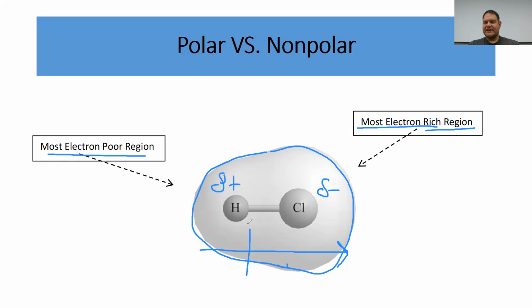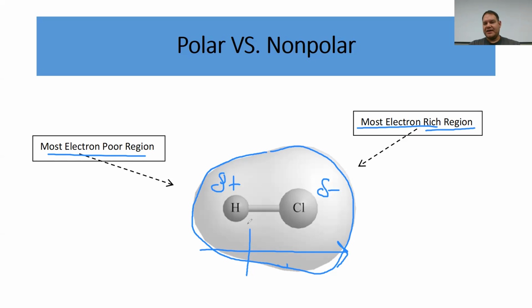That results in a dipole, and therefore a polar covalent bond. Anytime we have a dipole, we will either have an ionic bond, which is an extreme dipole, or a polar covalent bond, which is a partial dipole, with partial negative and partial positive. Those are the only two real results that can occur with creating a dipole: either ionic bonding or polar covalent bonding.